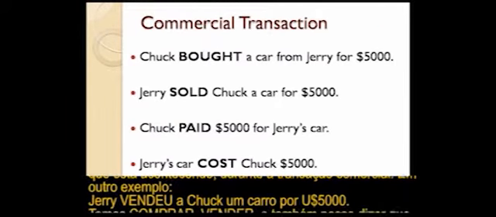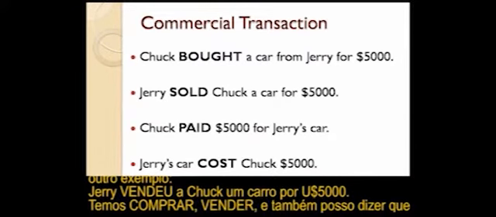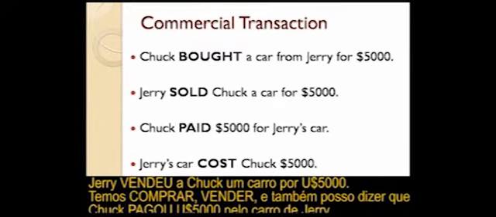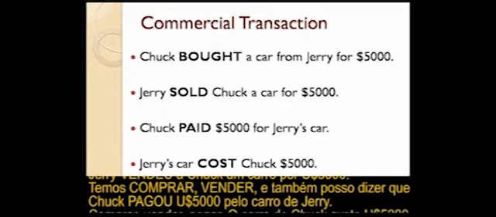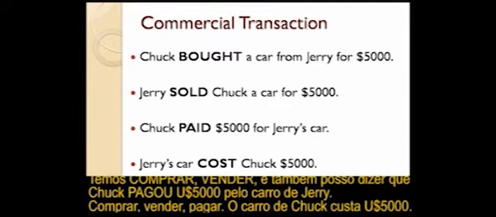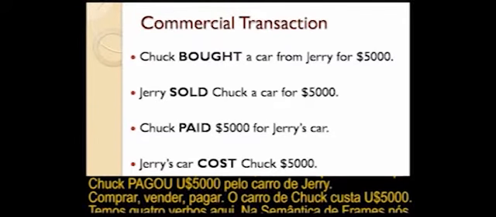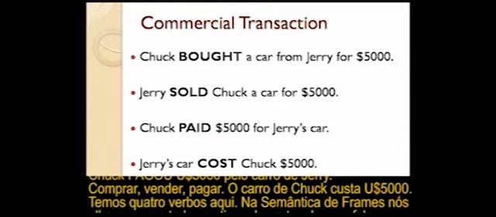Another example, Jerry sold Chuck a car for $5,000. So we have buy, we have sell. I can also say Chuck paid $5,000 for Jerry's car. Buy, sell, pay. Jerry's car cost Chuck $5,000. So we have 4 verbs here.